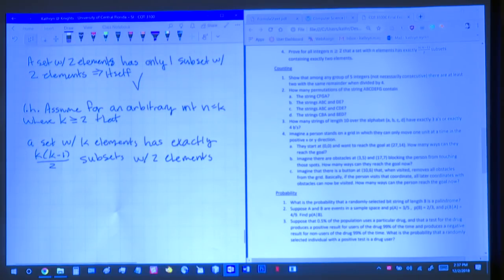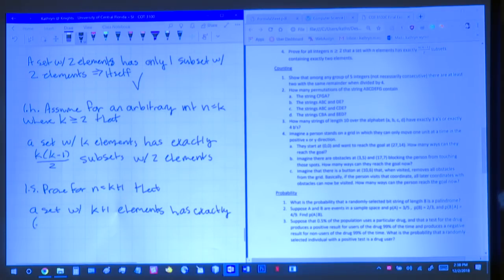And then our inductive step would just be: prove for n equals k plus 1 that a set with k plus 1 elements has exactly k plus 1 times k over 2 subsets with 2 elements.